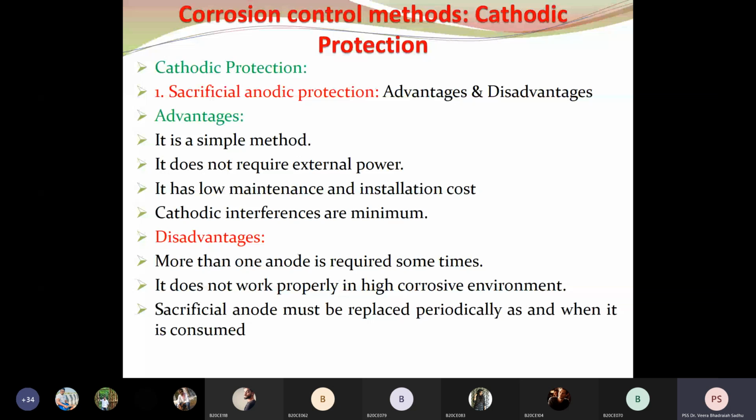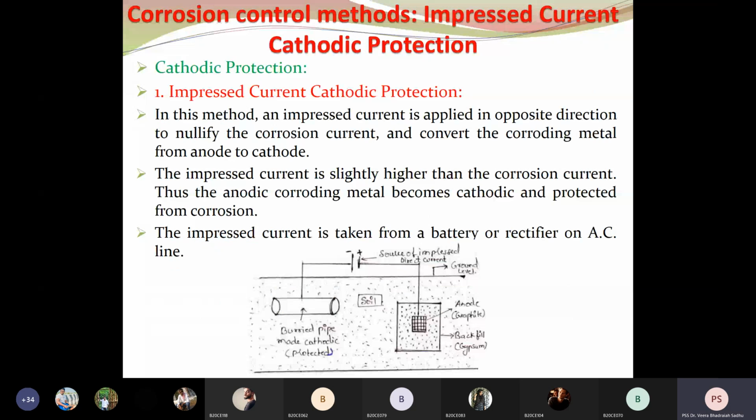Another method of cathodic protection is impressed current cathodic protection. In this method, which is mostly used for underground pipelines in the soil, the pipeline is connected to an anode, because the base metal is a cathode in cathodic protection.